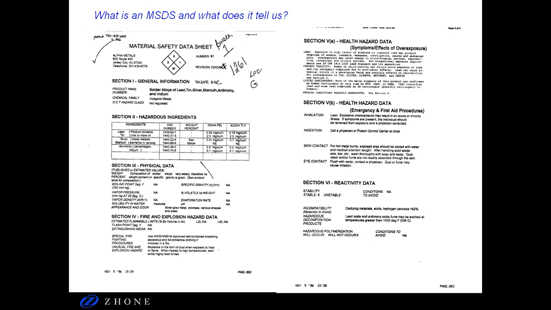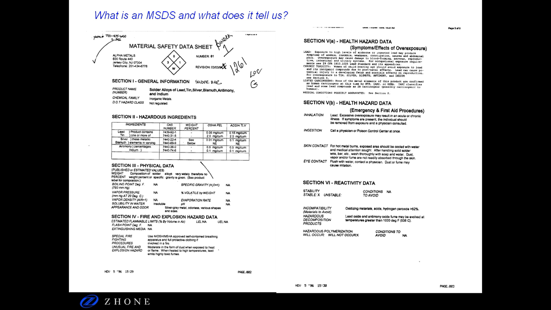Let's take a look at a typical Material Safety Data Sheet, or MSDS. The MSDS shown here is for one of the solder paste used on the SMT production line. Material safety data sheets are available from several sources here at Zone. There are MSDS books located in several spots on the production floor for employees to review at any time.